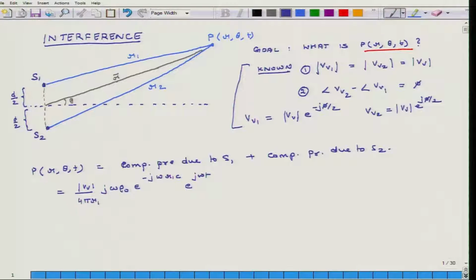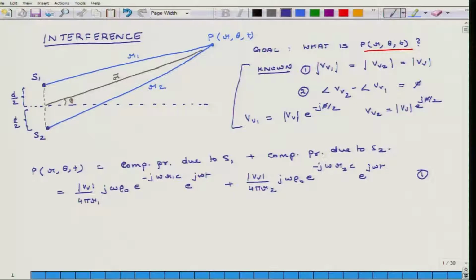So, this is the complex pressure due to S1, and similarly the complex pressure due to S2 is Vv divided by 4 pi R2, because the second source is R2 distance away from point P, times j omega rho naught e to the power of minus j omega R2 by c, e to the power of j omega t. Okay. So, let us call this equation 1.